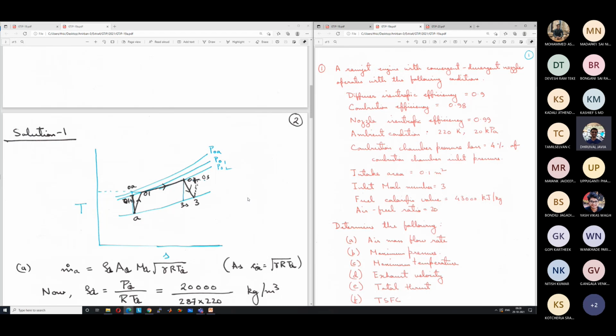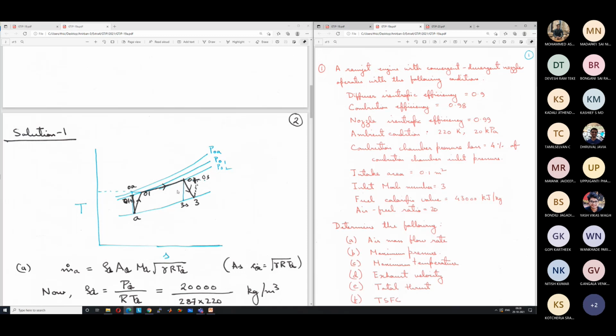Use the combustion efficiency relation, the air fuel ratio and the T01. So we have to do the energy balance in the combustion chamber, right? We have to do the energy balance using the air fuel ratio, which is given to us.